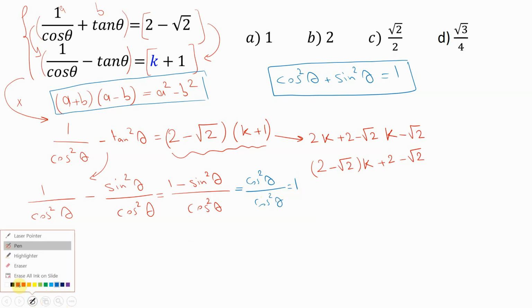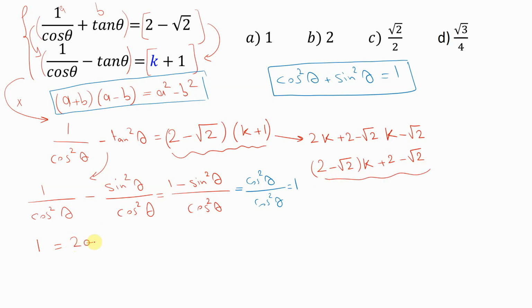In the left hand side we are left with 1, and on the right hand side we are left with this expression in terms of k, 2 minus square root of 2 times k plus 2 minus square root of 2.